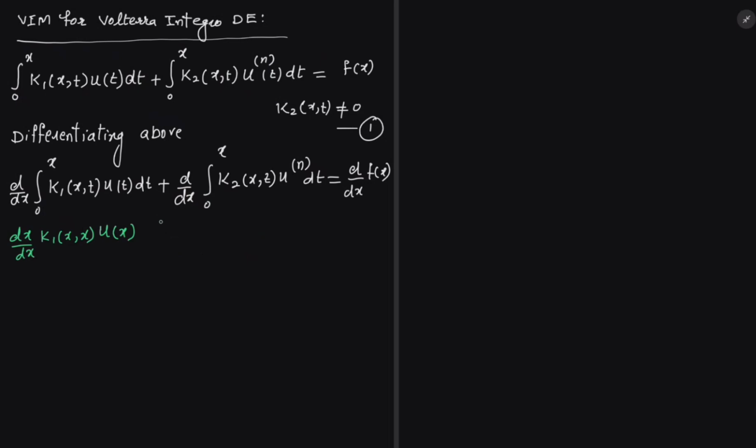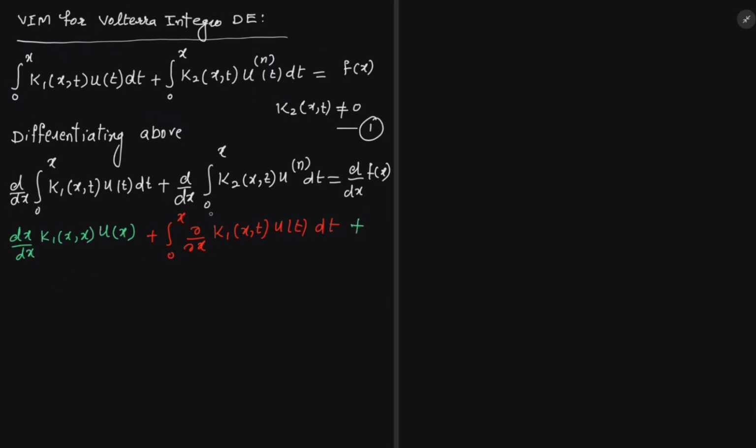Then we have plus the derivative of the integrand, the integral from 0 to x of partial by partial x k1(x,t) u(t) dt. So here we have solved the first term on the left hand side.